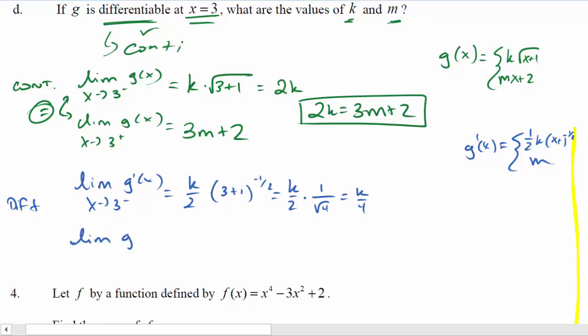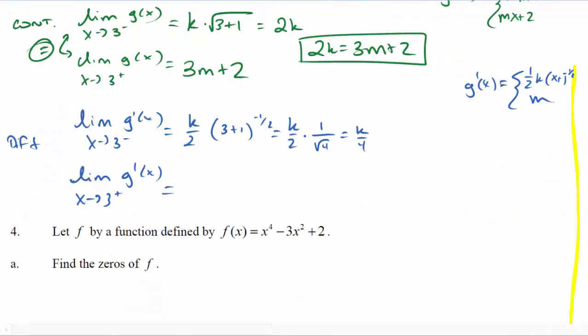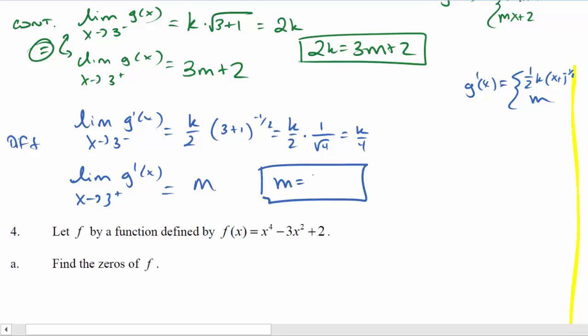Then I want the limit of g prime of x as x approaches 3 from the right. Well, there's nowhere to plug in 3, so that just means stick with the m. So my other equation is m equals k over 4.